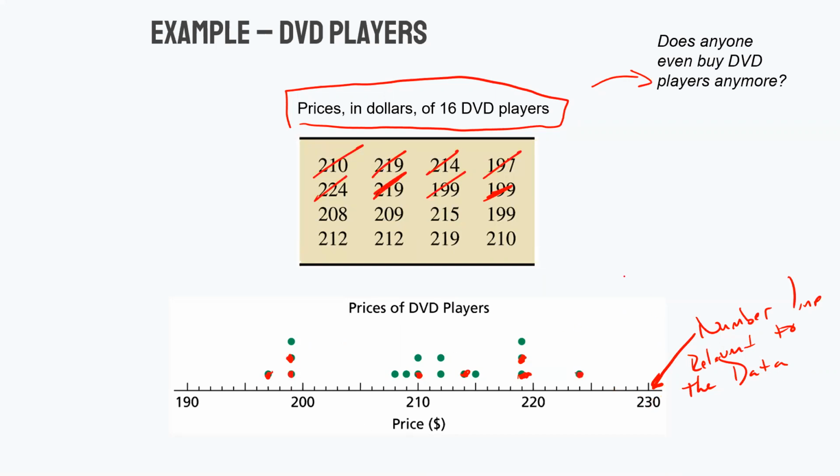You set the number line in such a way that it makes sense to you. So instead of starting at 197 and going to 224, I went from 190 to 230 just so it looks a little cleaner, that's all. So 208 and so on.